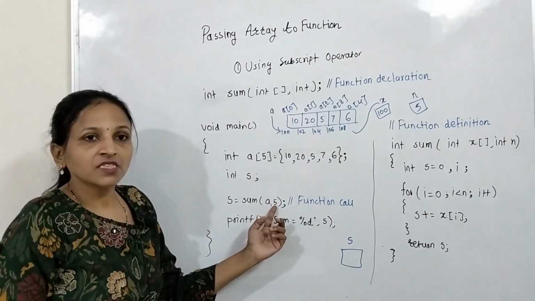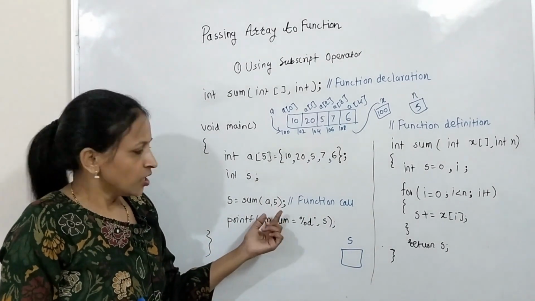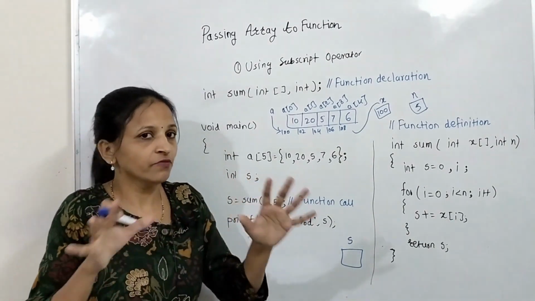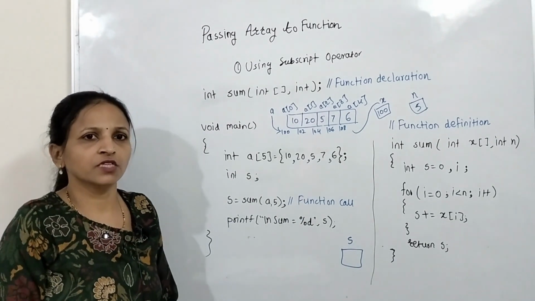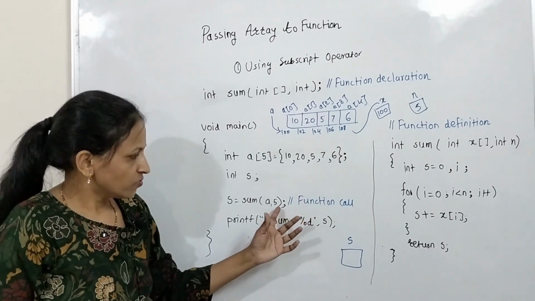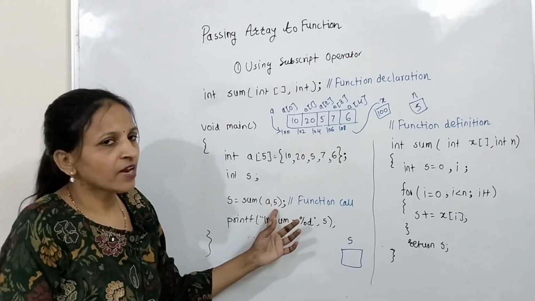And here we are passing one integer value. Array is always passed by reference, whatever you are using, and this 5 we are passing by value.